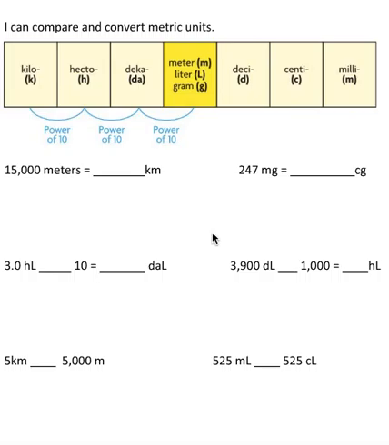So the way that you would look at this is, if you're hopping from kilometer to hectometer, it's by 1 power of 10. So it's the same thing as if you are wanting to move a decimal point. So you would move your decimal point.